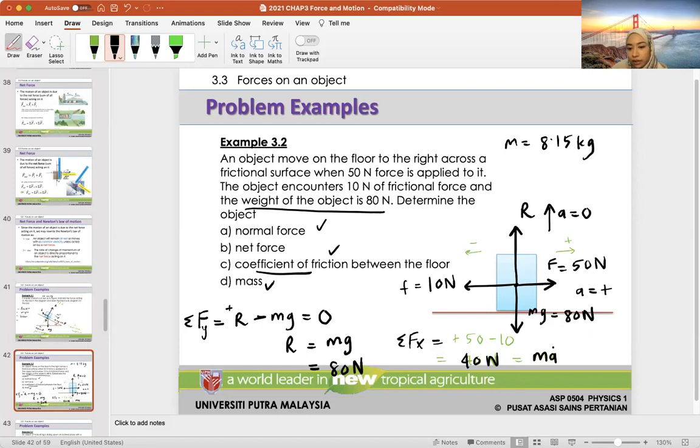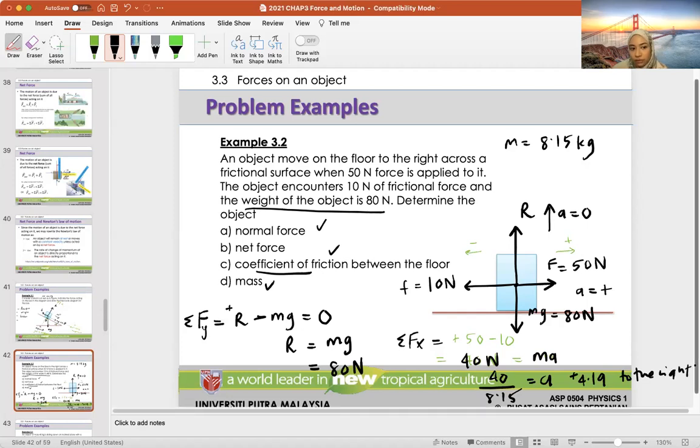Okay, so we can find out what is our A. So 40 divided by 8.15 will give you acceleration positive. So 40 divided by 8.15 tu dapat 4.91 acceleration positive to the right.